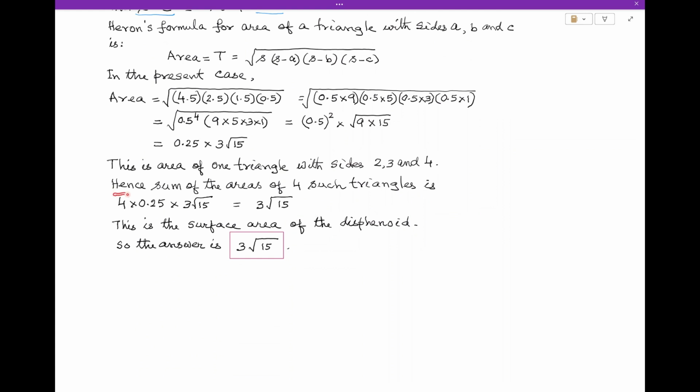Hence, the sum of the areas of 4 such triangles is 4 multiplied by 0.25 multiplied by 3 square root of 15, which is 3 square root of 15. So this is the surface area of the disphenoid. The answer is 3 square root of 15.